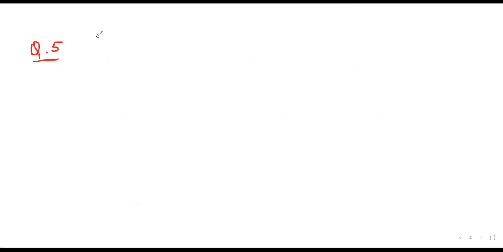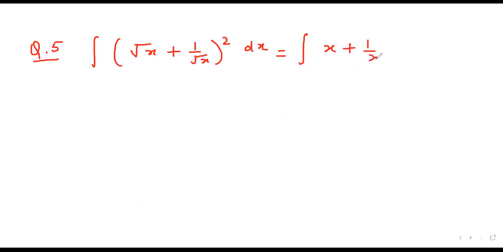Question number 5. Suppose we are given root x plus 1 upon root x, whole square, dx. In that case, first of all, we have to expand it. So it will become x plus 1 upon x plus twice of root x into 1 upon root x, times dx.